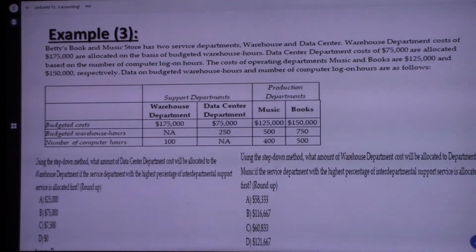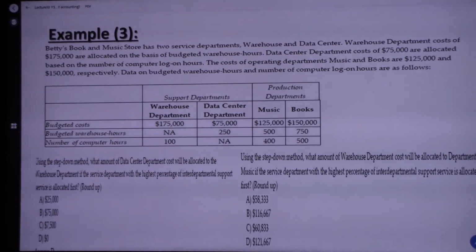The first question asks how much cost is going to be allocated from data center to warehouse. If the allocation base is based on percentage of allocation, the department with the highest percentage of allocation is the one which is going to be allocated first. How much is going to be allocated from warehouse to data center?